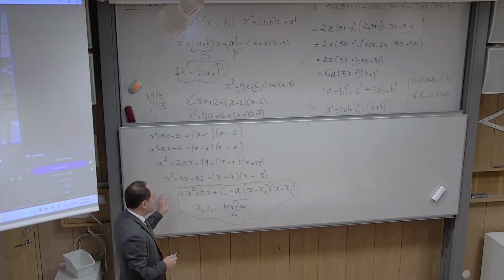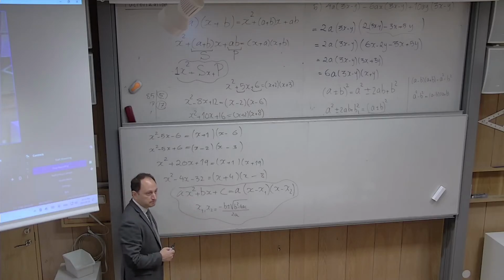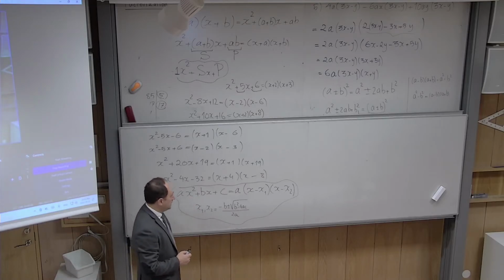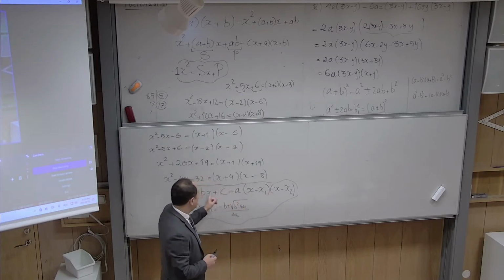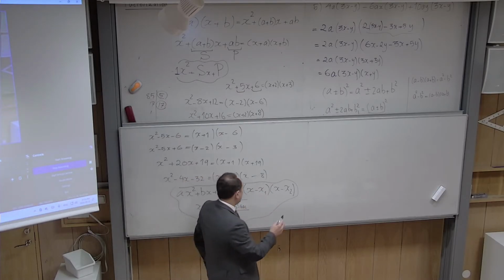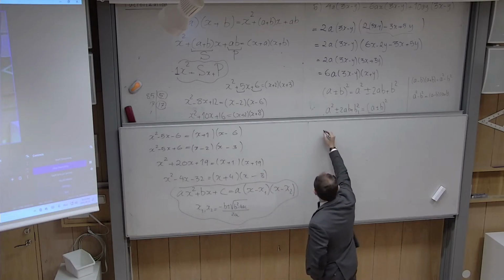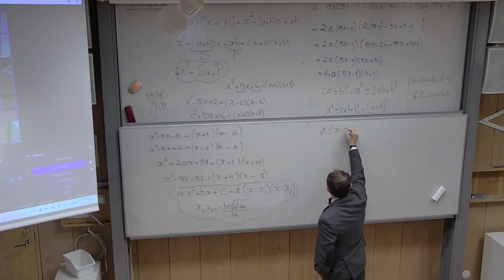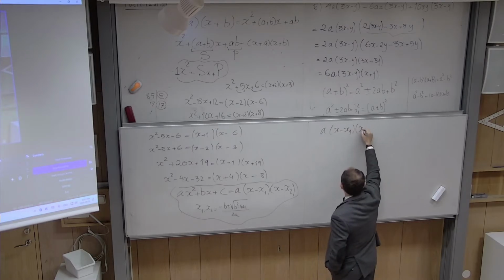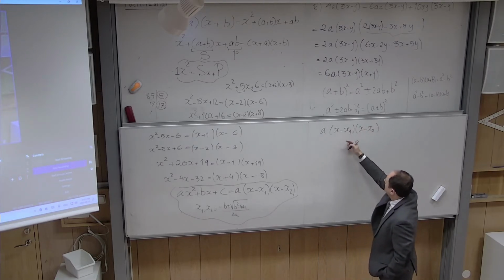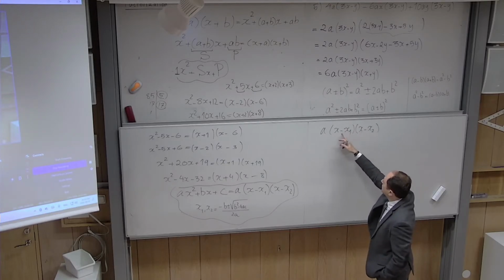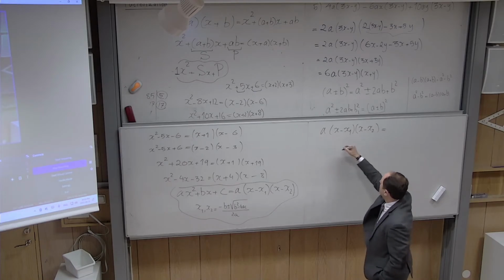Okay. How should I prove this? I start from the right hand side and multiply them to see that this becomes the left hand side. So now we have a good identity in our hands, yes? a times x minus x1 times x minus x2. What type of identity is this? This is the common term identity. So I copy this a part.